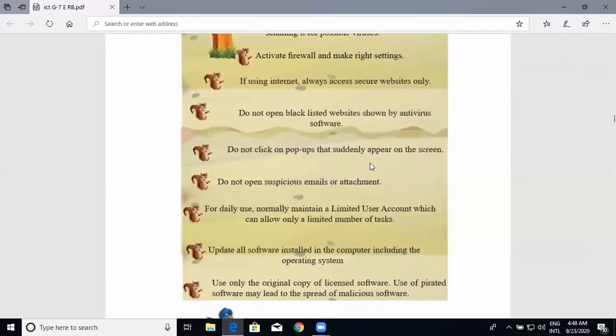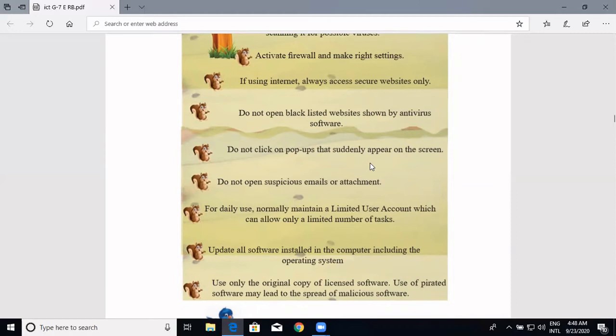And when you're accessing the internet, make sure you access very secure and trustworthy sites, because sometimes I have seen a lot of advertising pop-ups coming, and some ask you to install different software. They will ask you to do different activities, right? Don't do those things.